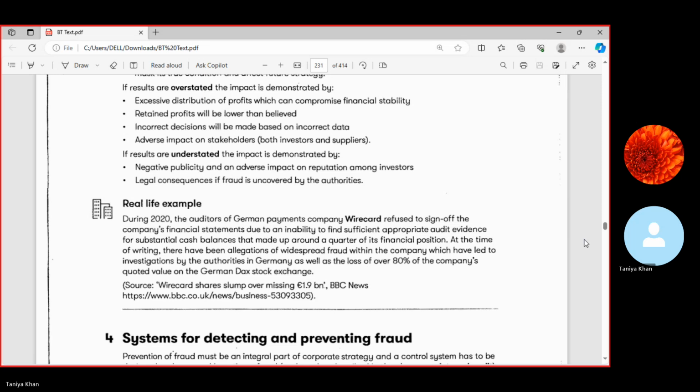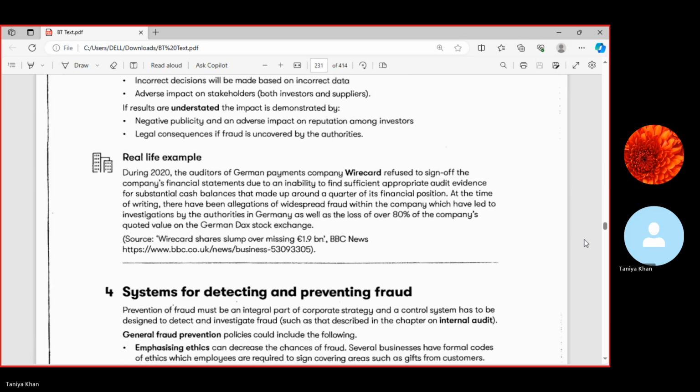And then legal consequences if fraud is uncovered by the authorities. That's about the legal consequences which might be faced by the company if the legal authorities are able to detect that particular fraud. We can take an example of income tax. Income tax is to be paid when your income crosses a certain level, after the slab which is given.